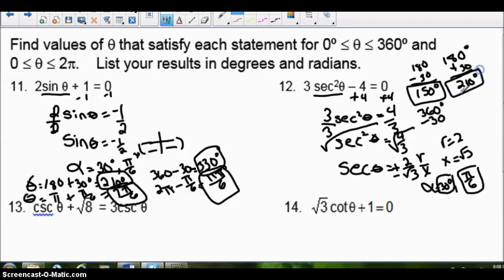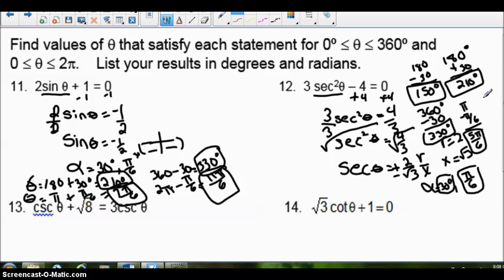And then we can also use our radians, which is pi over 6, and then pi minus pi over 6, which is 5 pi over 6.